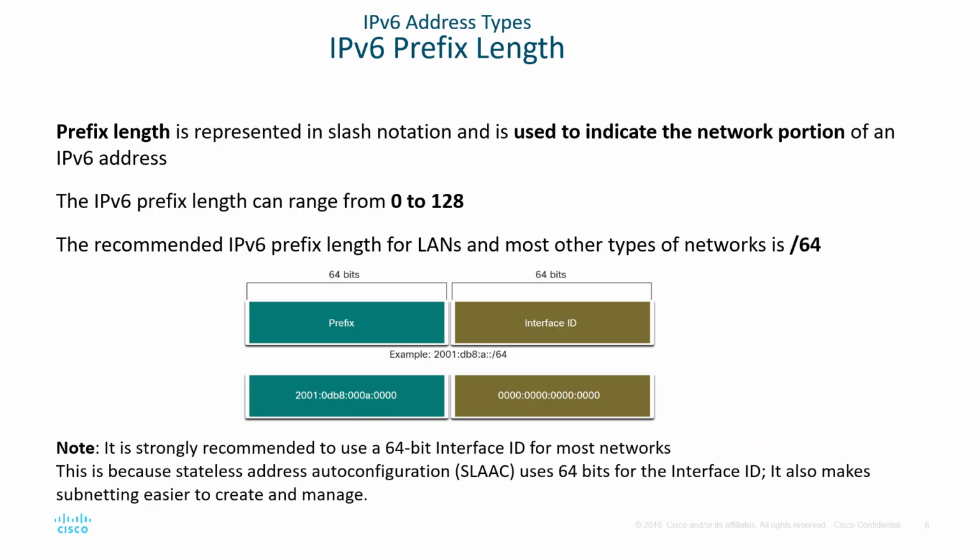So as you see here, they have taken and split the 128 bits right in half. The first 64 identify the prefix or the network. The last 64 identify the interface ID in IPv6, which is the host address in IPv4.